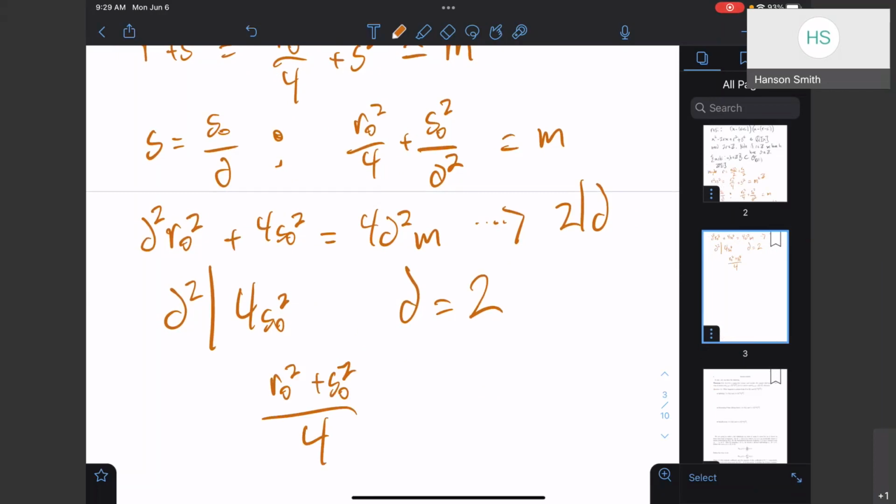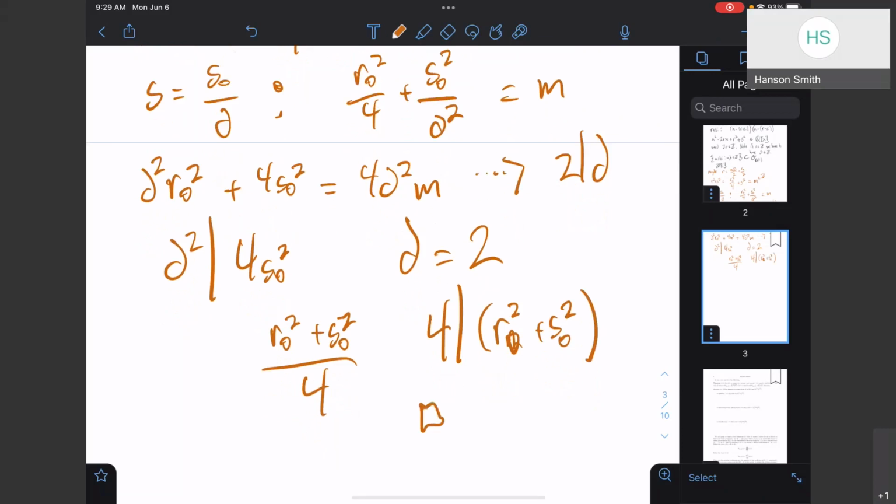And I know those are both odd numbers. So what are the squares mod 4? Well, 1 squared is 1, 2 squared is 4, 3 squared is 1, 4 squared is 4.